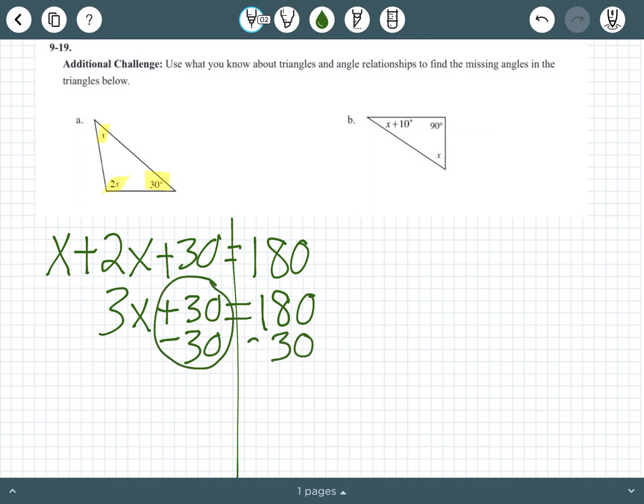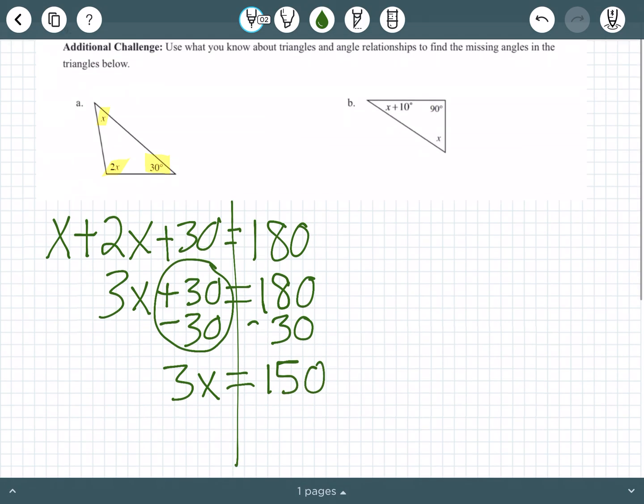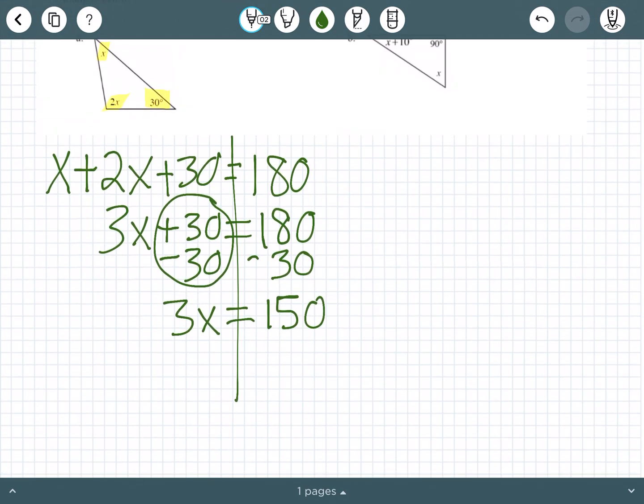Subtract 30 from this side as well, and I have 3x equals 150. To get x by itself, I can divide by 3. I need to do that on both sides, and I am left with x equals 50 degrees.